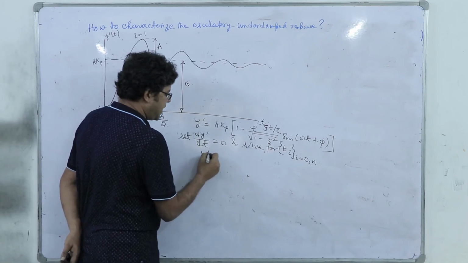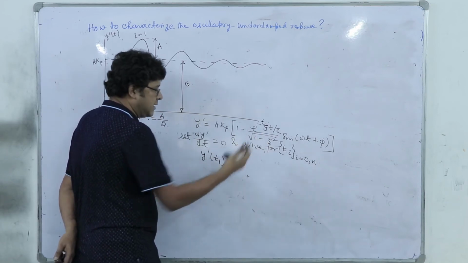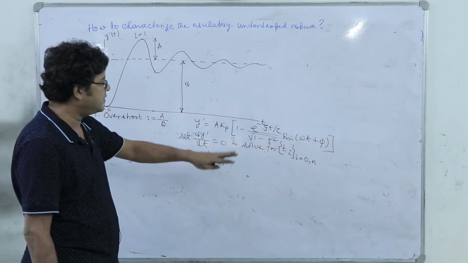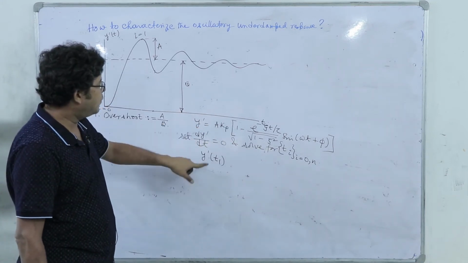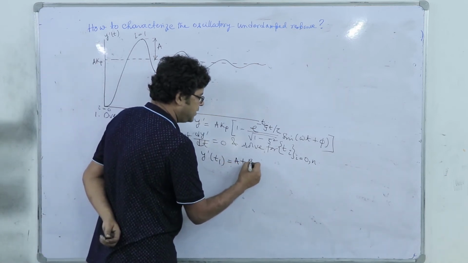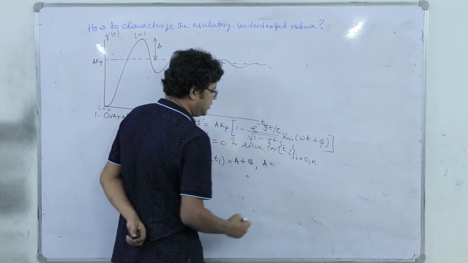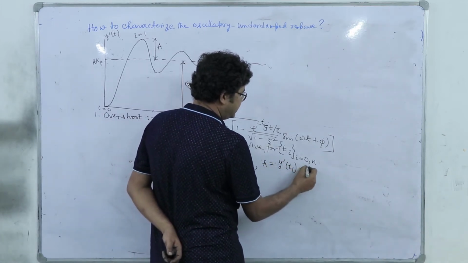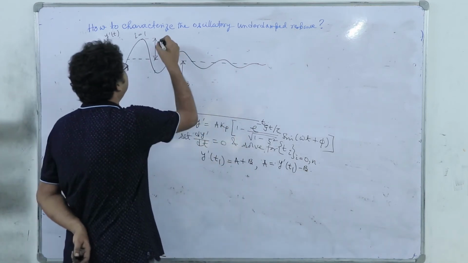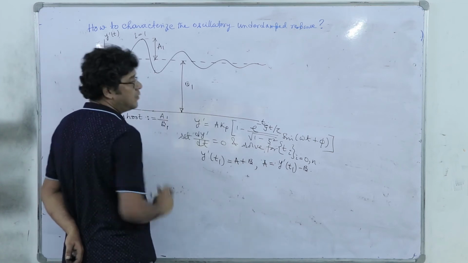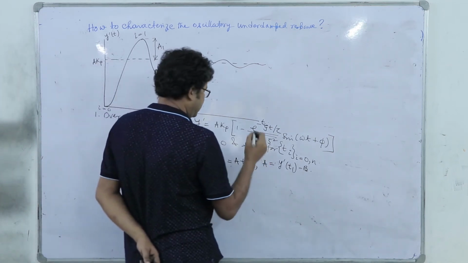So, y prime t1, if I calculate this t1, right, from the solution, I am not doing the solution myself. So, y prime t1 is basically A plus B. So, A is equal to this y prime t1 minus B. Or let us write this as A1 and B1, because A will be getting confused, because A is the step height.